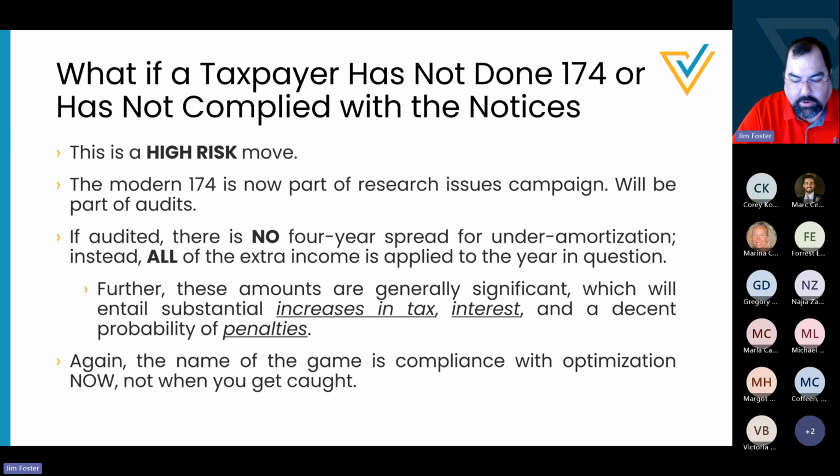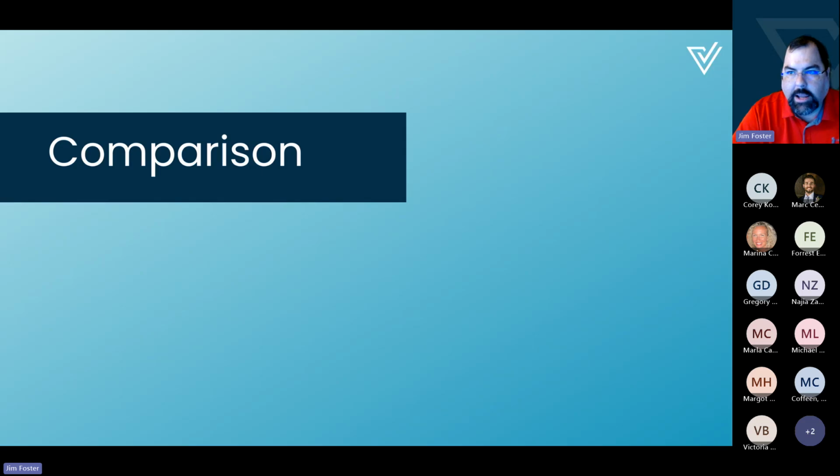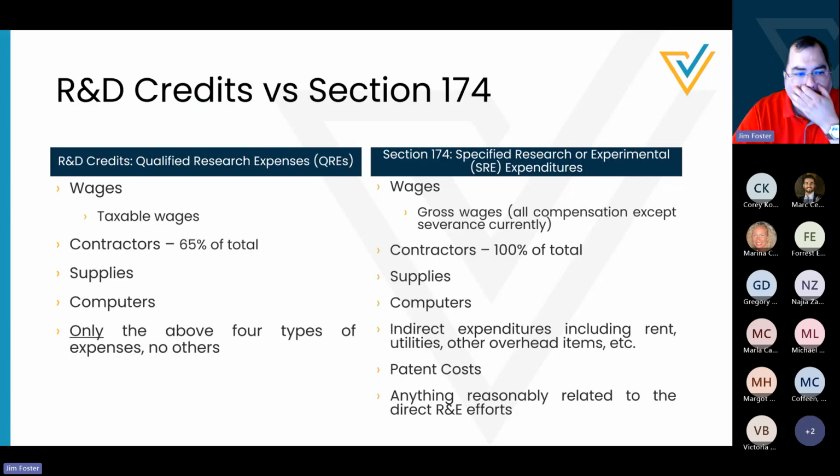A little comparison between R&D credits and 174 is you've only got the 4 buckets of cost underneath Section 41 for R&D credits. For 174, it's anything reasonably related to the direct R&E efforts. So it includes those direct costs as well as the indirect, as well as patent costs and things like that.